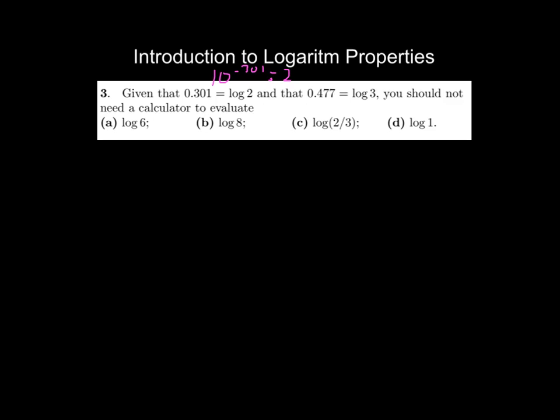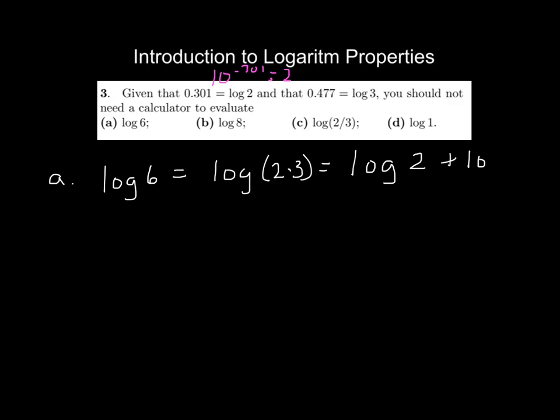Okay? So when we go straight to log 6, I know that log 6 is going to equal log of 2 times 3. Now when we multiply bases with exponents, what do you do to the exponents? You add. So we can actually separate these two, same thing we just did, and go log 2 plus log 3.